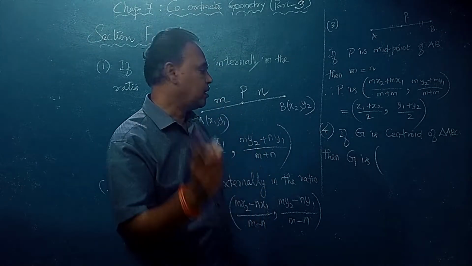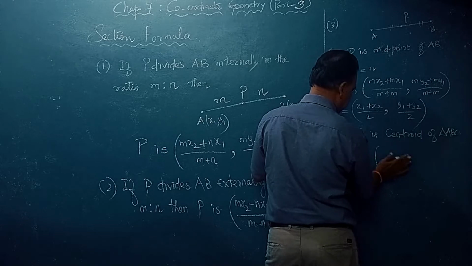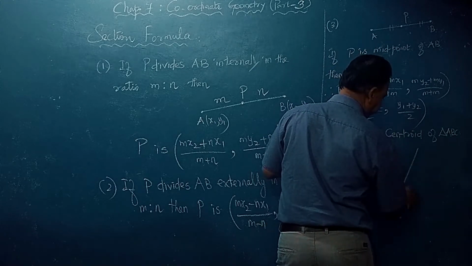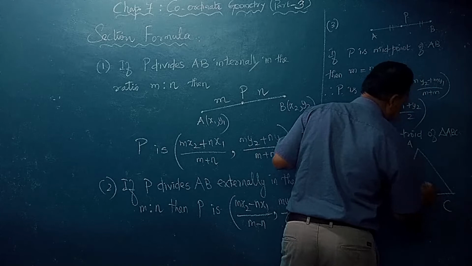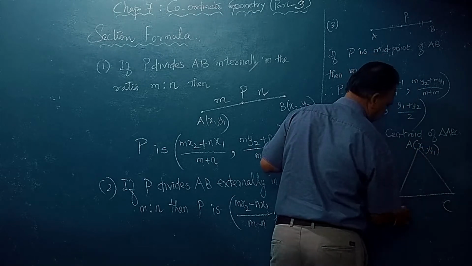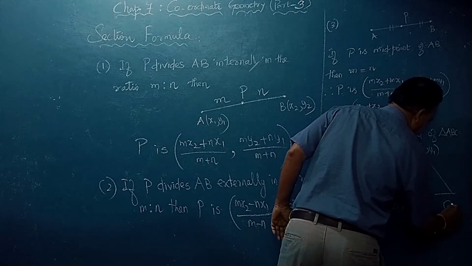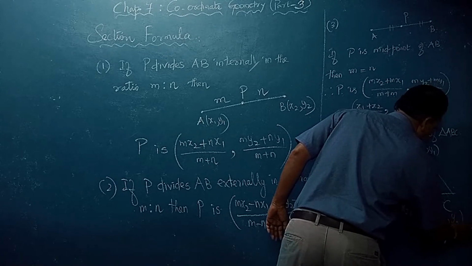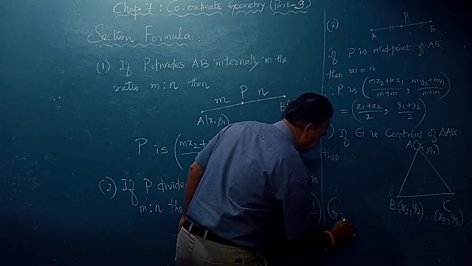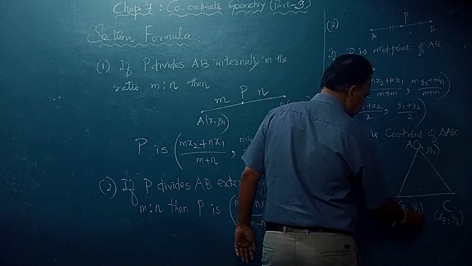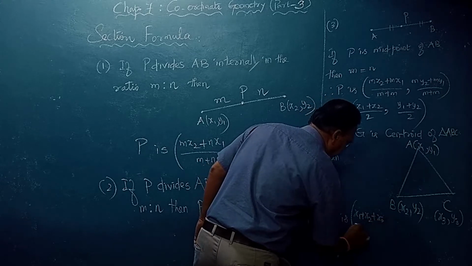ABC means add all three x coordinates. x1 comma y1, x3 comma y3. Therefore G is x1 plus x2 plus x3 by 3.